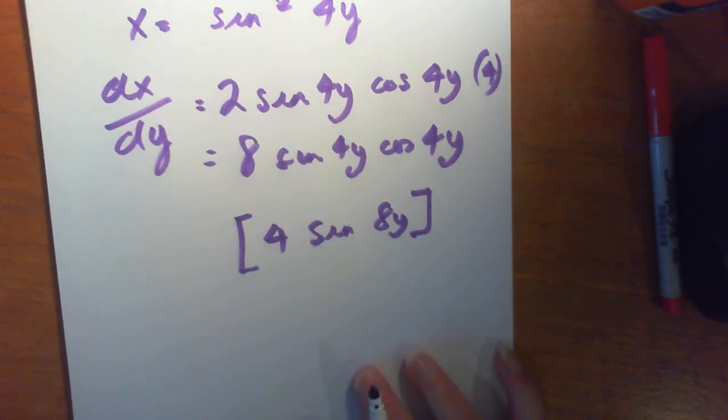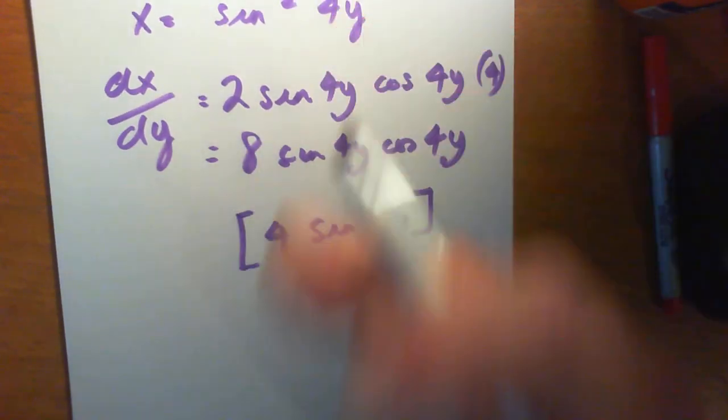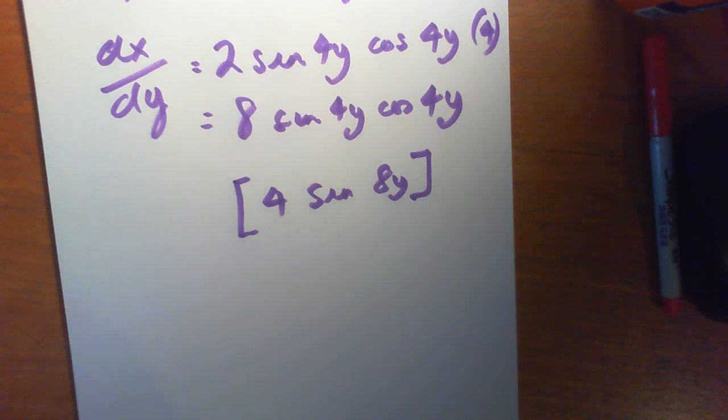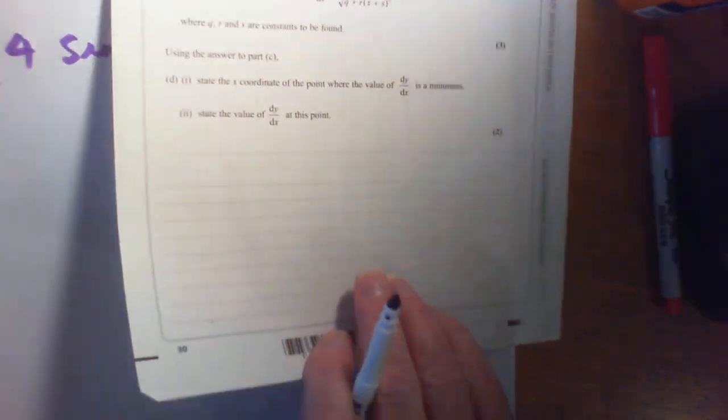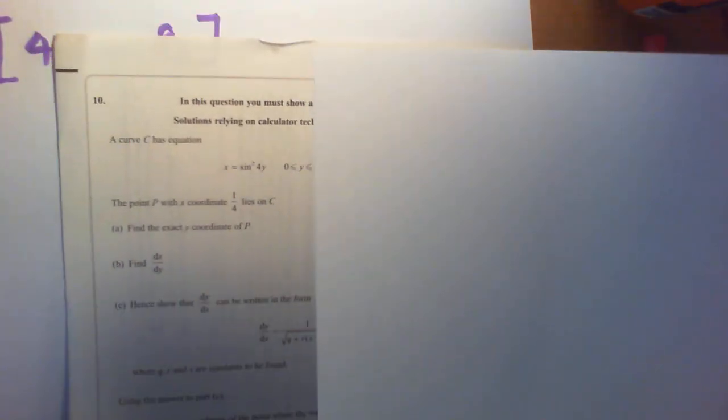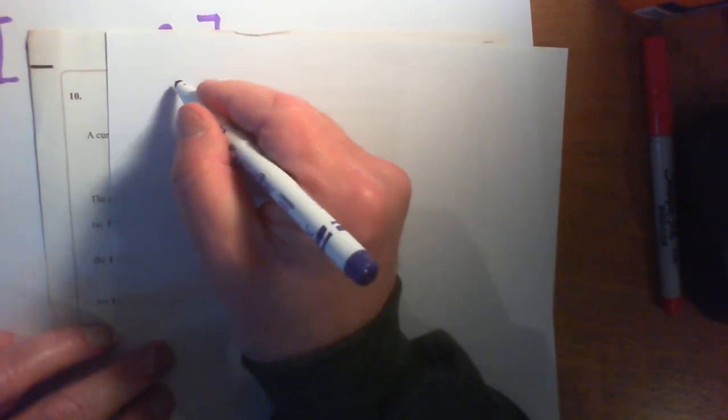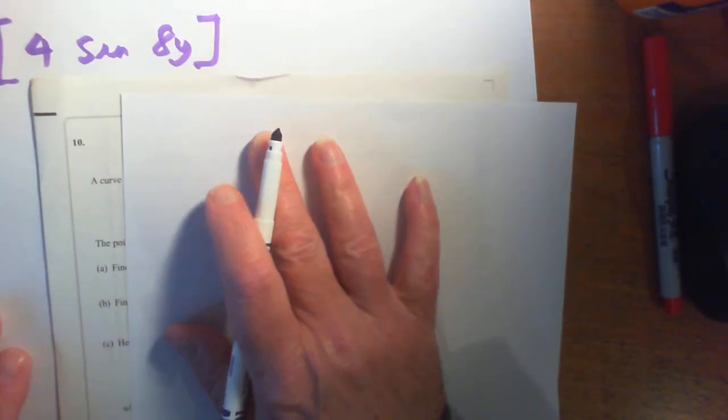That's correct as well, but that might not be so useful for what's going to follow, because what you need to do now is to work out this expression for dy by dx. So that's dy by dx, and that's dx by dy.